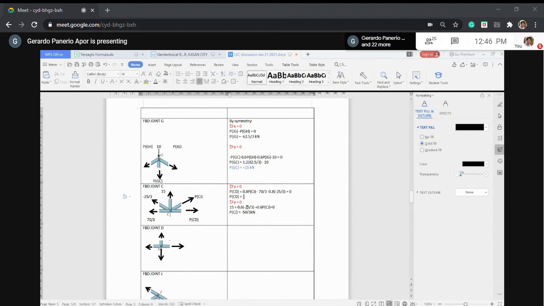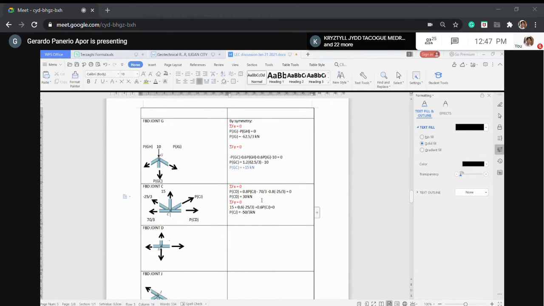We have 16. And then we have minus, we have CG here. So that's minus will become positive to the other side. So we have plus 0.8 times 50 divided by 3. So we have positive 30 kilonewton.